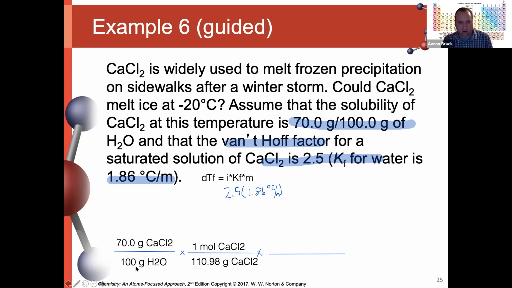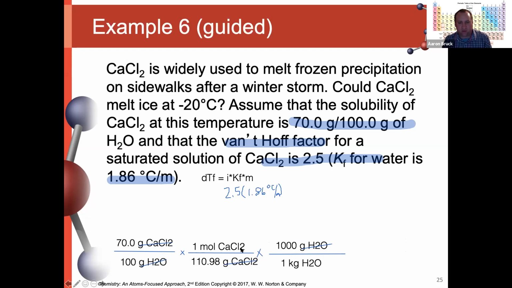And then to do the conversion for grams to kilograms, I need 1,000 grams in every kilogram. And so if I follow this all the way through, my grams of water cancel, my grams of calcium chloride cancel.